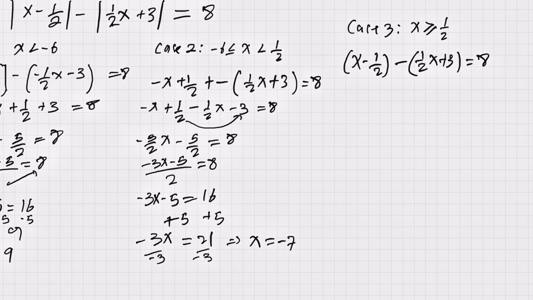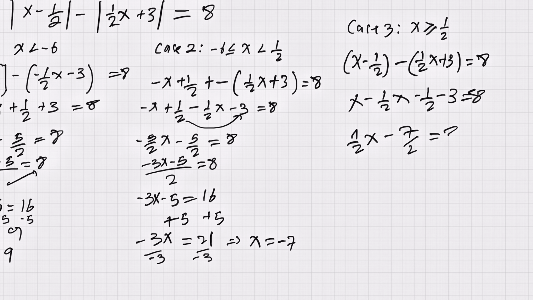All right. So let's bring like terms together. That means x minus half x, minus half minus 3 is equal to 8. So x minus half x will be half x, and that would be 3.5, which is negative 7 over 2, equal to 8.